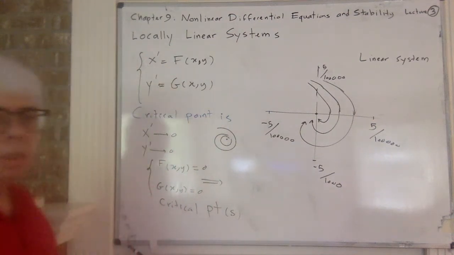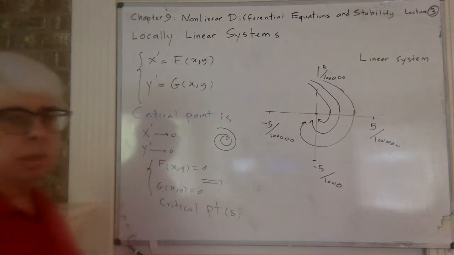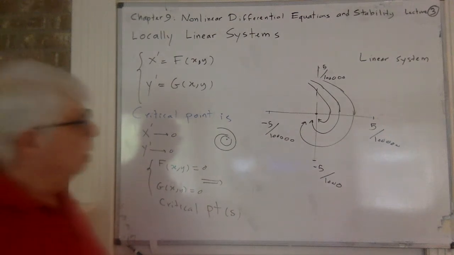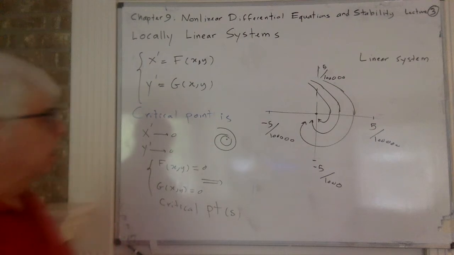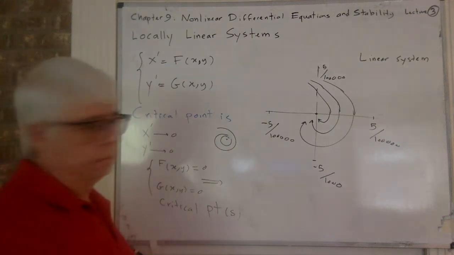So it seems that this is acting like a linear system as we get closer and closer to the critical point. And since the critical points are crucial when we analyze systems of equations, because something happens, some instability might happen, right?